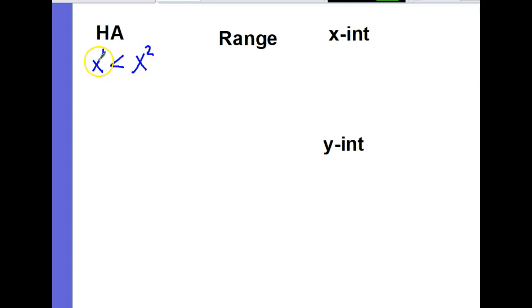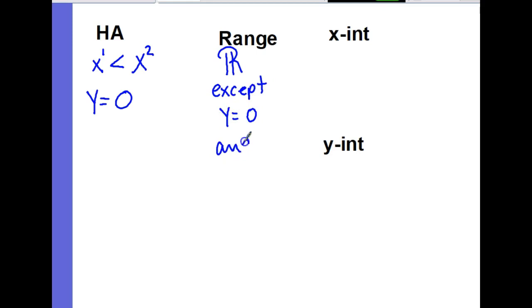So that x to the first power is less than x to the second power. You look on your notes, that would be on 3a, and it tells you that the asymptote is going to be at 0. The range is going to be all real numbers except the asymptote.